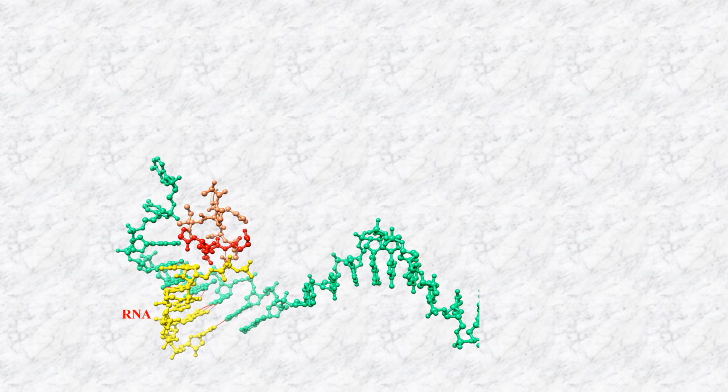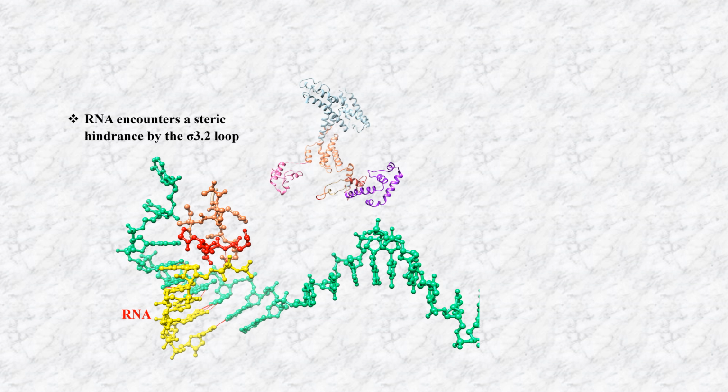As the nascent RNA attempts to grow beyond 4 or 5 nucleotides, a conflicting situation arises in the initiation complex. The RNA encounters a steric hindrance by the sigma 3.2 loop. The tip of the sigma 3.2 contains a cluster of acidic residues.